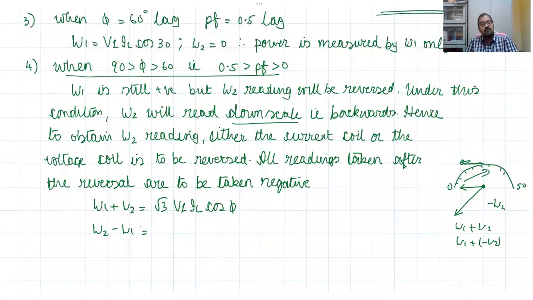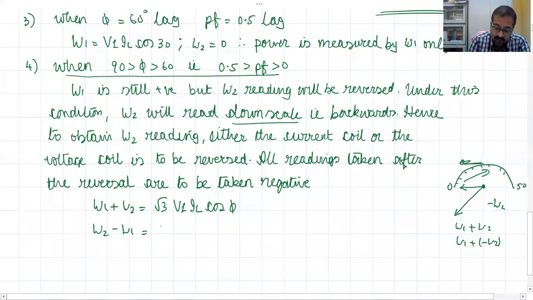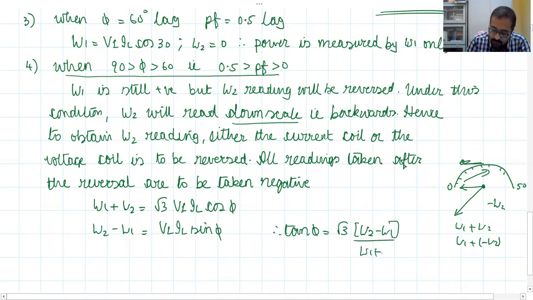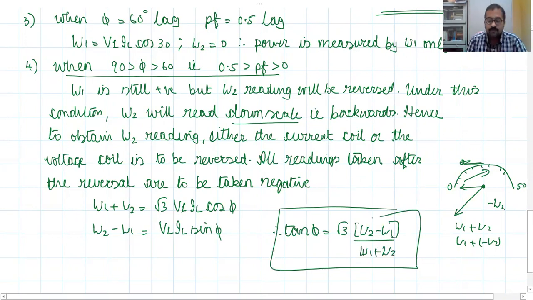When you subtract W1 from W2, you get VL IL sin phi. So tan phi will be root 3 times (W2 minus W1) divided by (W1 plus W2). If you know the wattmeter readings W1 and W2, you can determine the power factor angle. Let us try one or two examples now.